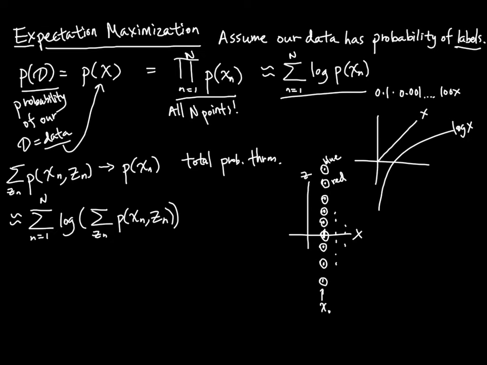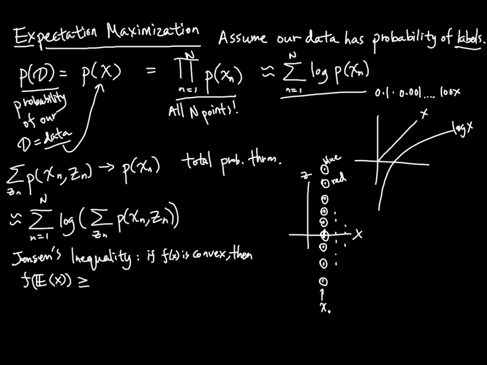So one trick that everyone does is the following. It's called Jensen's inequality. It's a little thing from convex optimization, which states that if f of x is convex, then f of the expected value of x is always greater than or equal to the expected value of f of x.